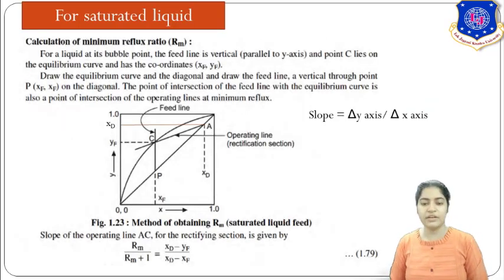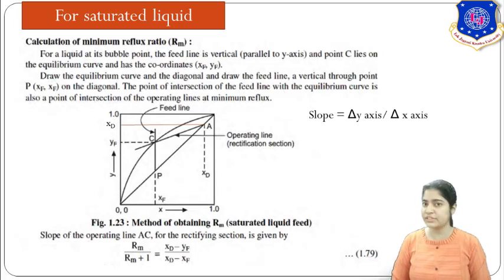First of all, the calculation of minimum reflux ratio for saturated liquid. Here you can see this is your equilibrium curve. The first step is to plot your feed line. As your feed is saturated liquid, it is parallel to the y-axis, vertical. You plot it from point P, that is your feed condition. Suppose 0.5 is my starting condition.